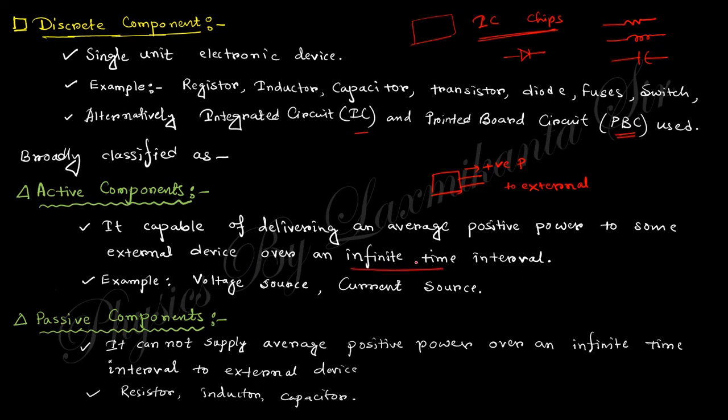If any device can supply positive power to the external source for an infinite time period, it is called an active component. The main thing is that positive power supplied to an external source for infinite time is an active component.